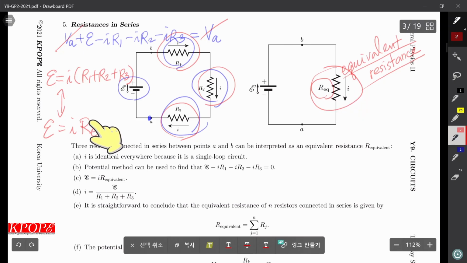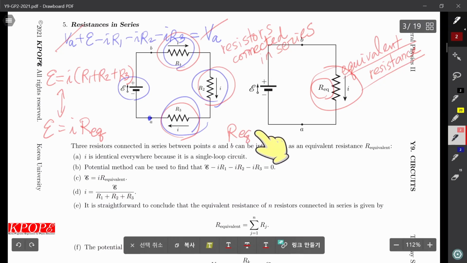The equivalent resistance of this system, these 3 resistors connected in series, we have R equivalent equal to R1 plus R2 plus R3.